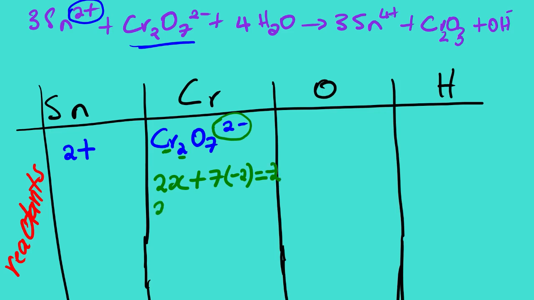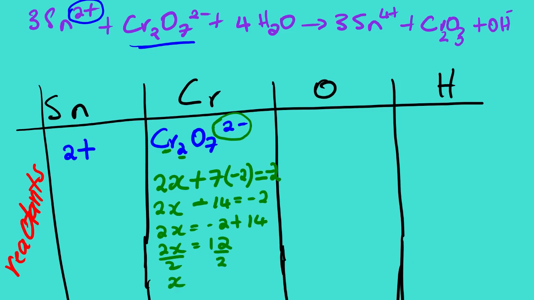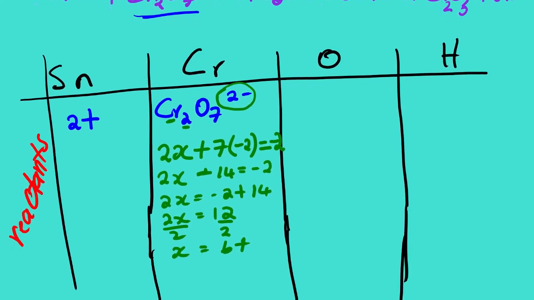So solving for X, we have 2x minus 14 equals -2. 2x equals -2 plus 14. 2x equals 12. Divide both sides by 2. X equals 6, 6+.